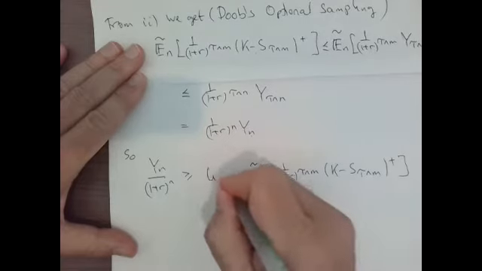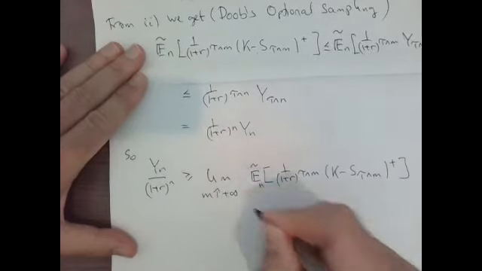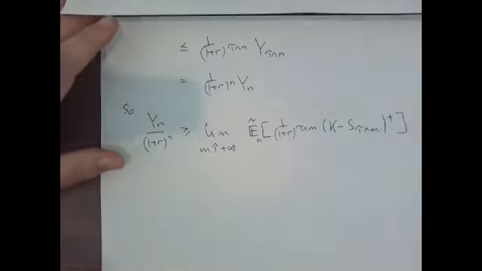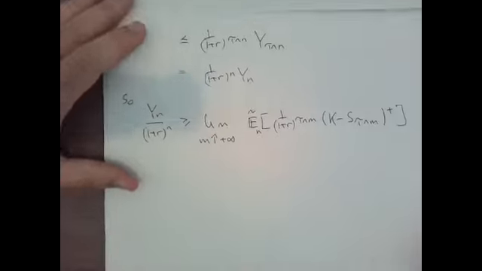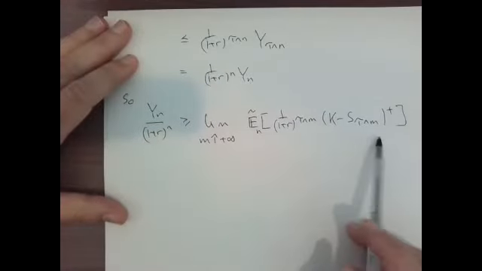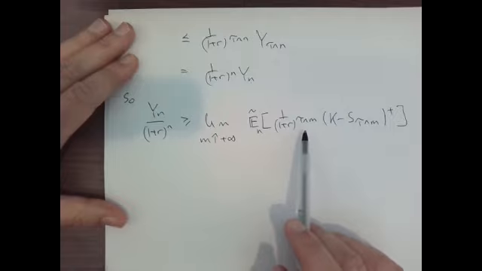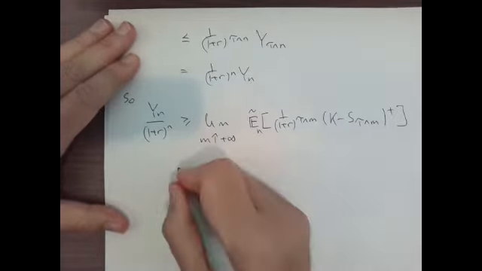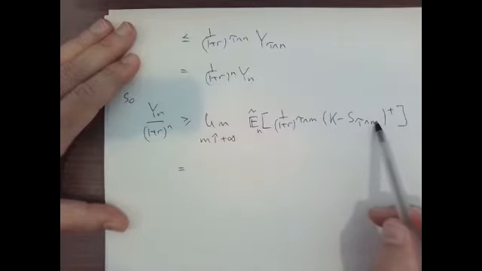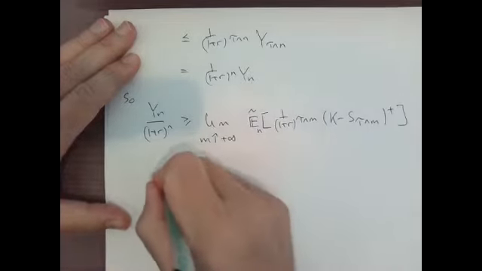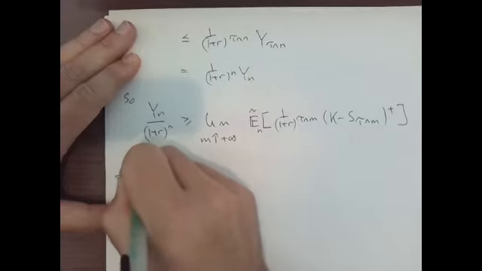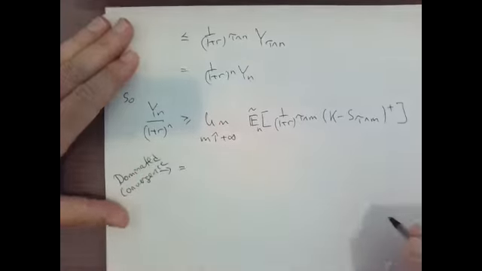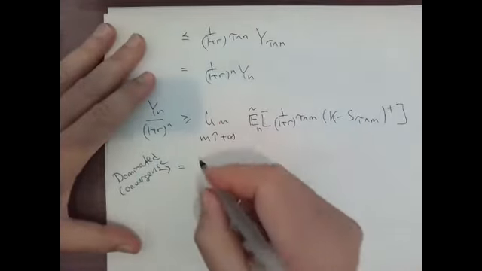And then I can take a limit as m goes to infinity. But there's no m on the left-hand side, there's only an m on the right-hand side. And now I want to move the limit inside. I can do that because what I have inside here is bounded. So here we're using dominated convergence. Dominated convergence allows me to pull this limit inside.